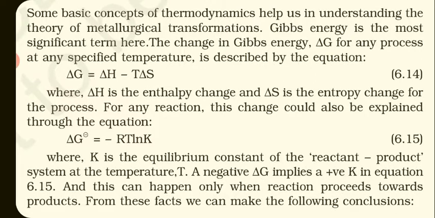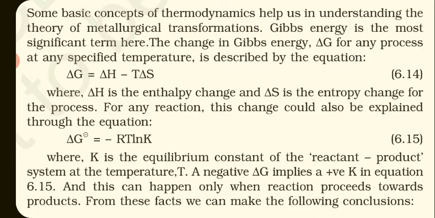Some basic concepts of thermodynamics help us understand the theory of metallurgical transformation. Gibbs energy is the most significant term here. The change in the Gibbs energy, that is delta G, for any process at any specified temperature T is described by the equation delta G = delta H - T delta S, where delta H is the enthalpy change and delta S is the entropy change for the process.